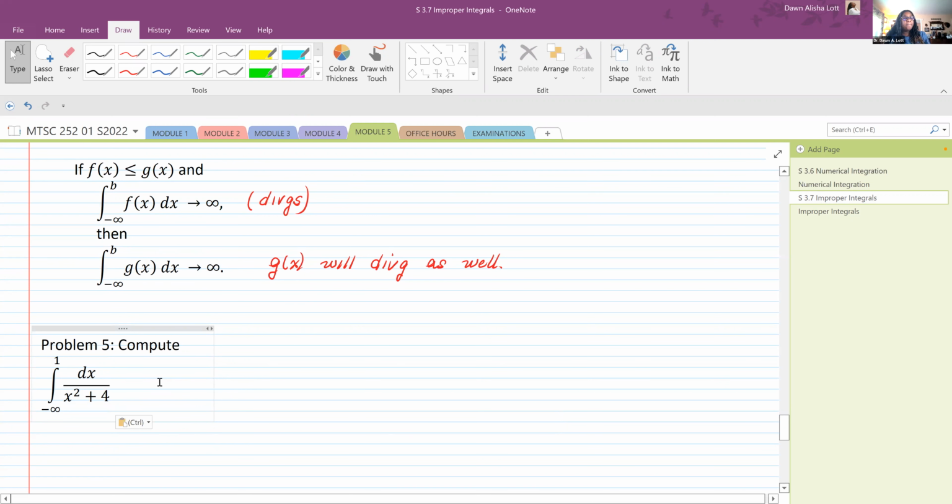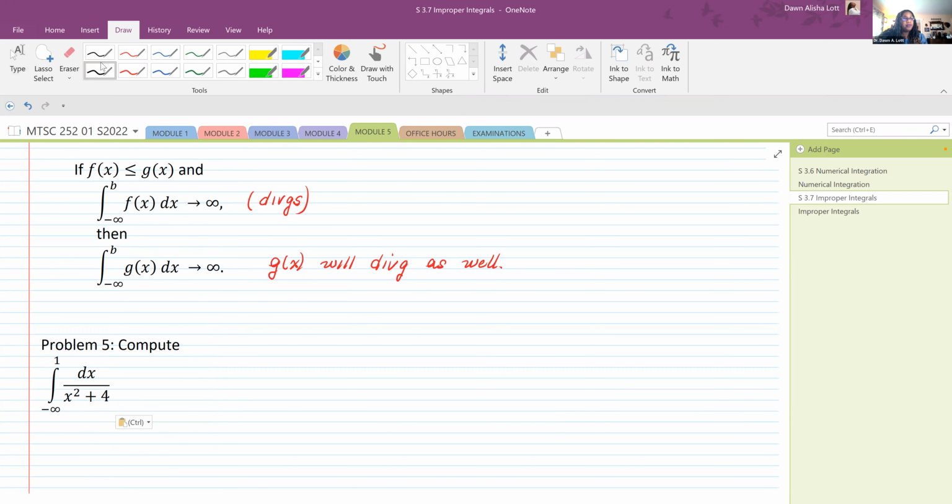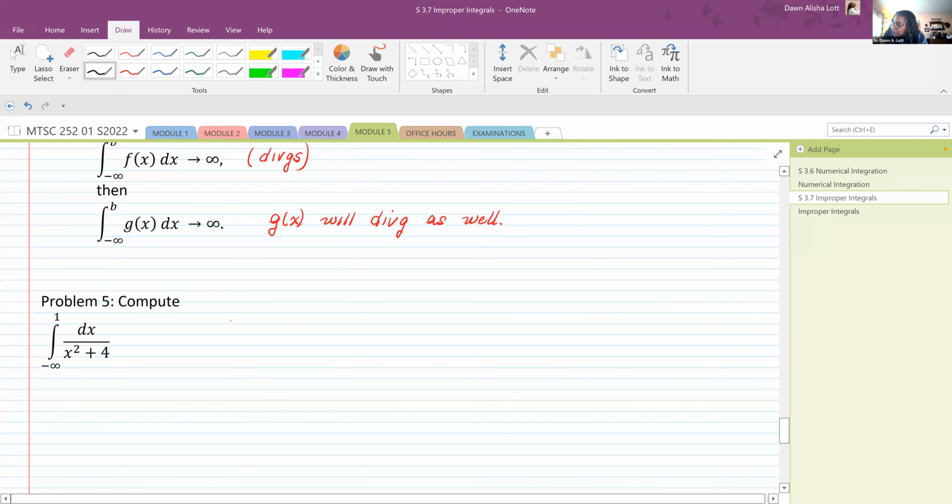Okay. But I know that this integral, because I have x squared plus 4, I know that f of x is 1 over x squared plus 4, which is less than g of x, which is 1 over x squared.